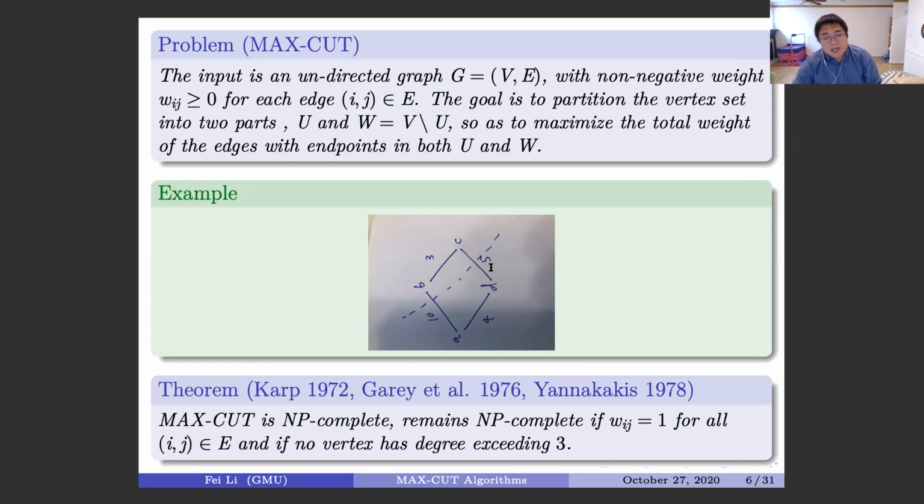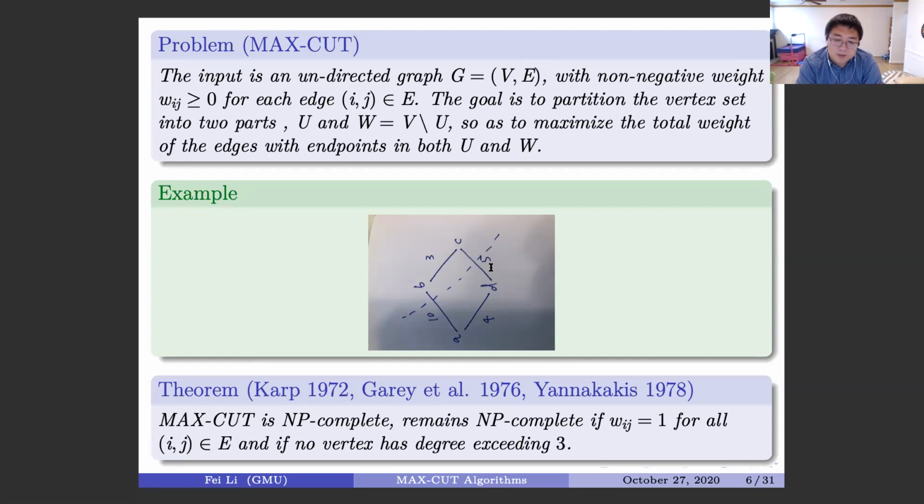The problem is proved to be NP-complete, and it remains NP-complete if we consider the unit weight graph, where all the edges have the same weight, which means we want to maximize the number of edges in this cut. Even in this case the problem is still NP-hard. And even if every vertex has a degree no more than 3, the problem is also NP-hard.